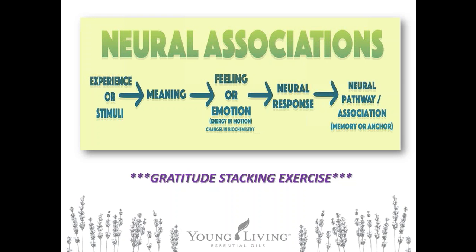We might diffuse Thieves, or we might rub a couple of drops into the bottoms of their feet and their hands. As you're doing that, you're changing the energy, you're giving them a feeling, and they're creating a meaning. So you can only imagine, if someone's not feeling so well, you're doing something kind and nurturing for them, giving them a bit of a light massage or just rubbing their feet and their hands. They're feeling nurtured, they're feeling supported. So they're creating a meaning.